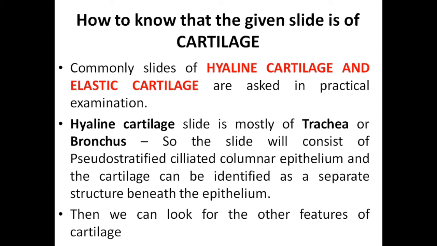So the hyaline cartilage slide is mostly made, as I said, from trachea or bronchus. The slide will consist of pseudostratified ciliated columnar epithelium, and there will be a long sheet of cartilage-like structure present beneath the epithelium.